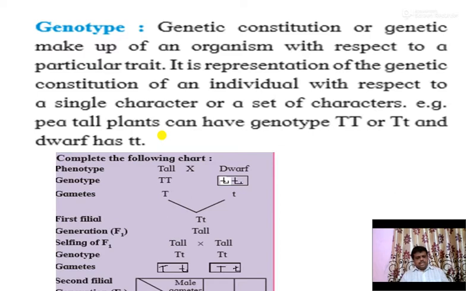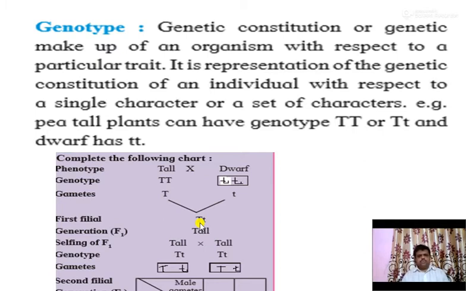The definition of dominant is that it is an allele that expresses its trait even in the presence of an alternative allele, that is in the heterozygous condition. This is the heterozygous condition. So this T is dominant over this one, and it expresses its trait in the F1 generation, or the first filial generation. So this is called a dominant.